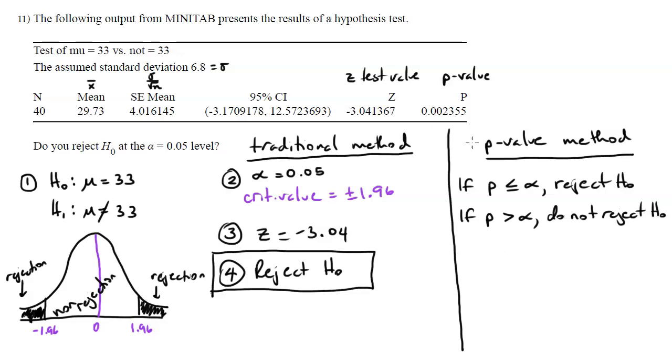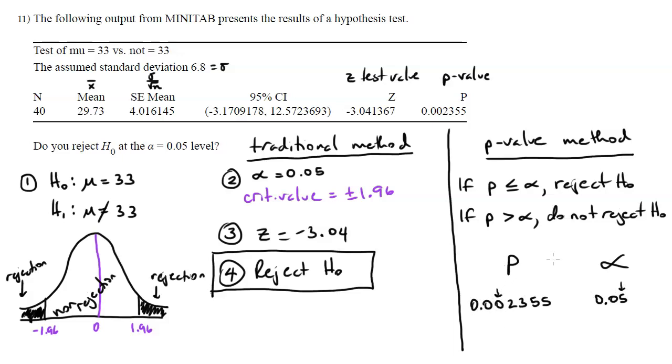All right, so here we are. Here's our p-value. P is 0.002355. Alpha is 0.05. We're comparing that second position, see that? That's a 5 versus a 0.